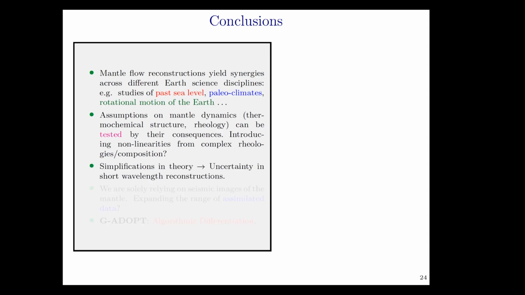There are simplifications in the theory, there is uncertainty that we have to account for, and the other important thing is that up until now, we've only relied on seismic tomography at present day. There are other sources of data that we can use to improve these models in time.